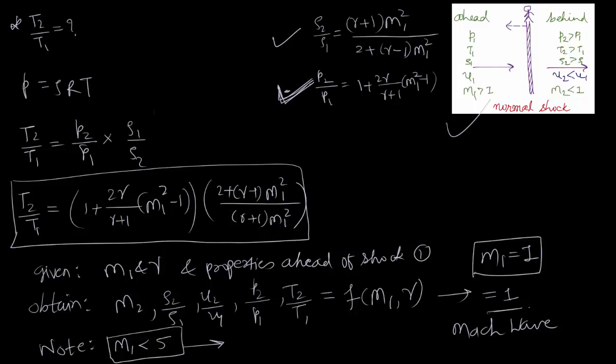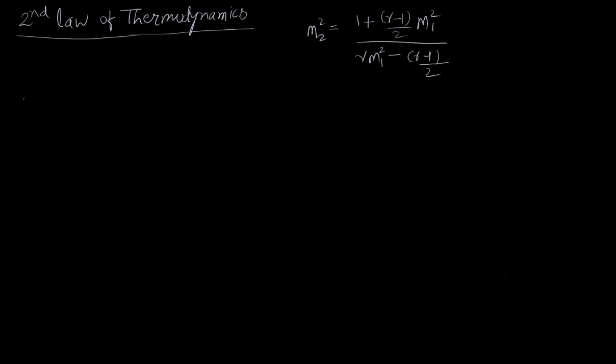Now, we will apply the second law of thermodynamics to our problem, the normal shock wave. We have derived the relation between M1 and M2, and this is the equation of that. This equation holds for both M1 greater than 1 as well as M1 less than 1.